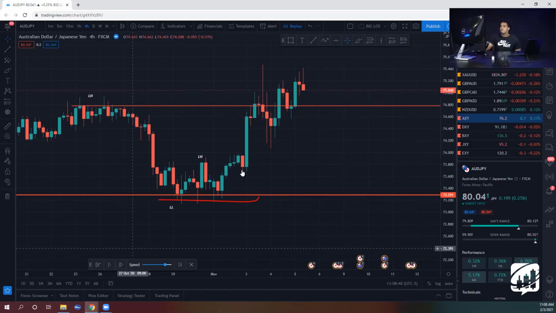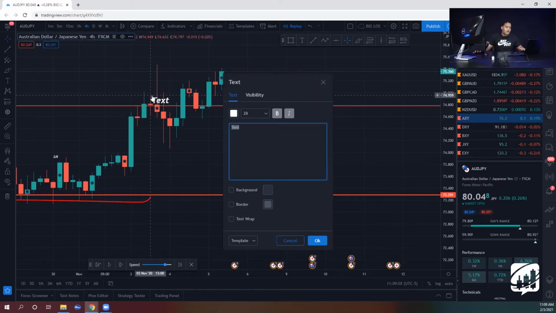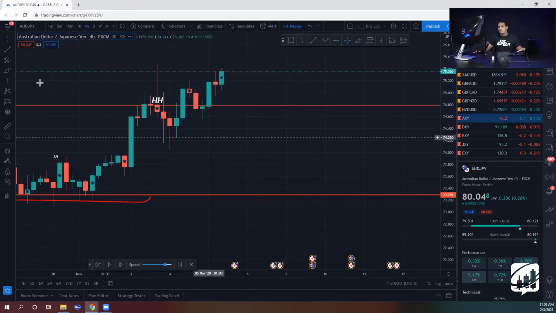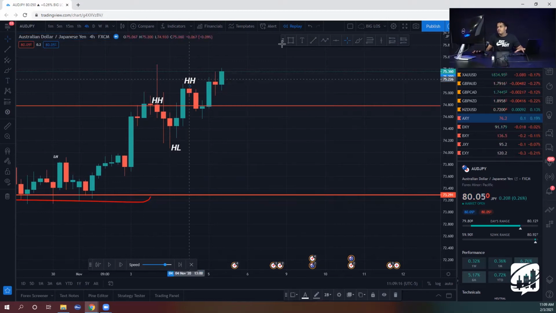Because boom, now we got the break. We got the retest. So now the trade is creating higher highs and higher lows. We have our higher high, higher low, higher high, and higher low.